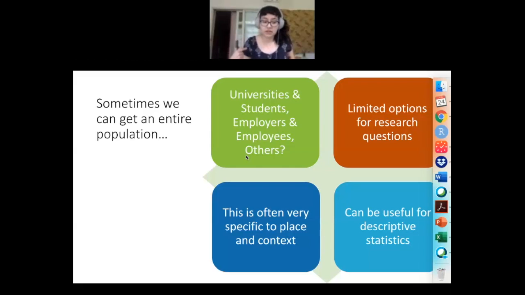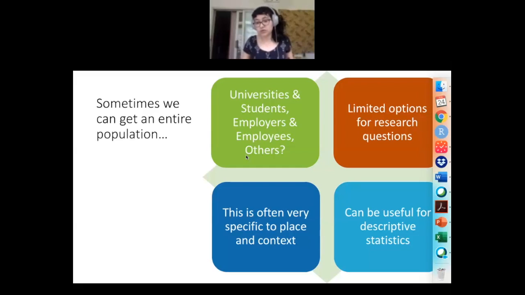It's not so much behavioral, where we can analyze how individuals behave in specific instances. So it's very specific to the place and context. And usually universities collect some data on behavior, like time to completion of diploma, but that's more for their own internal analysis and metrics of their own.